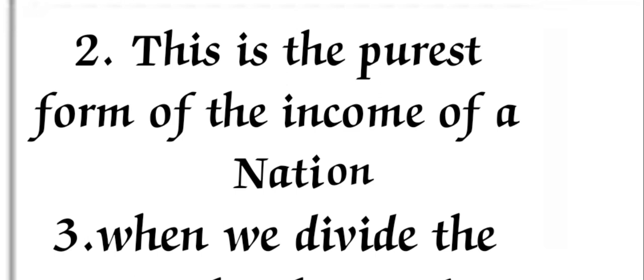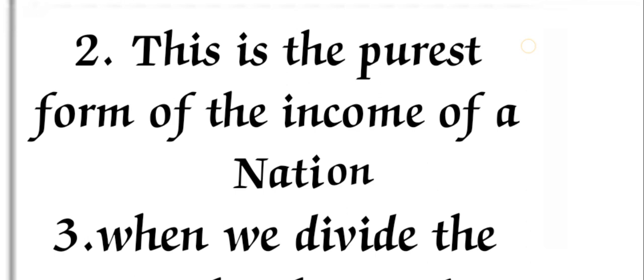So after deducting the depreciation from the GDP or GNP, we get the NNP, that is net national product. The total national income of a country is in the form of NNP. This is the purest and final form of the income of a particular nation.